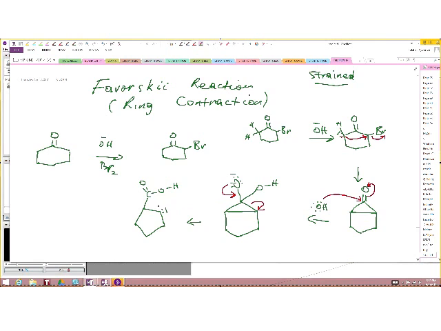Now, this enolate ion is a strong base, so what does it do? It simply comes here to grab this proton, and the electrons go to oxygen, and then we end up with this here.